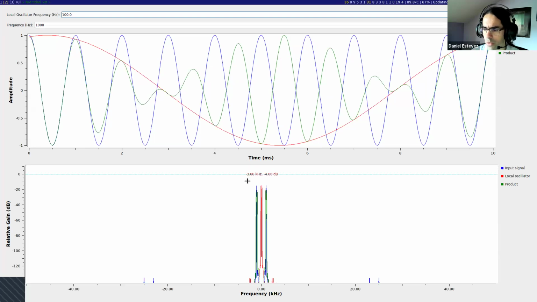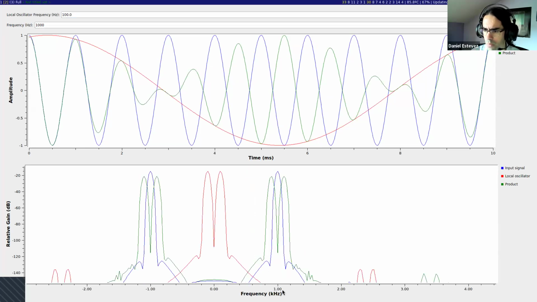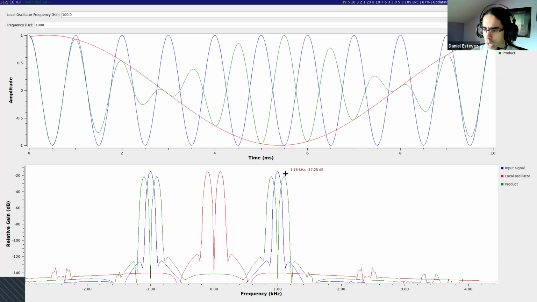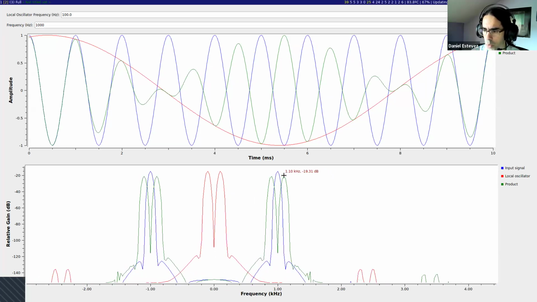But we can do other kinds of analysis. So for example, if we go to the frequency domain for the local oscillator, we see something at plus 100 hertz and minus 100 hertz. And now for the product, we see several things. We see 1.1 kilohertz, 0.9 kilohertz.